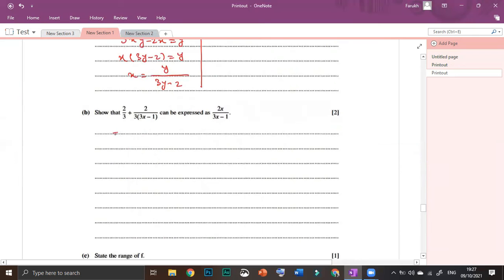Taking LCM, the LCM is 3 into 3x minus 1. 2 into 3x minus 1 plus 2, 6x minus 2 plus 2 over 3 into 3x minus 1, 6x over 3 into 3x minus 1. Yes, this one is equivalent to 2x over 3x minus 1.